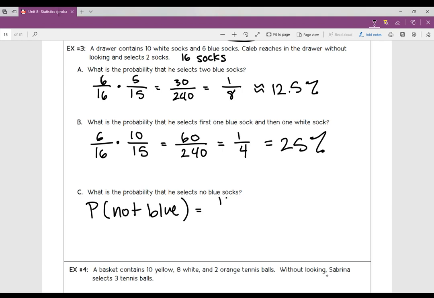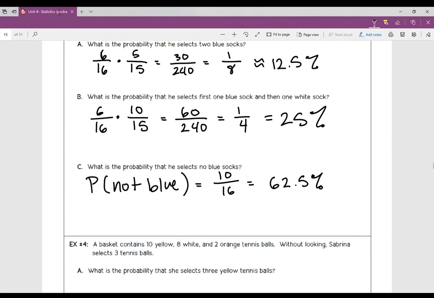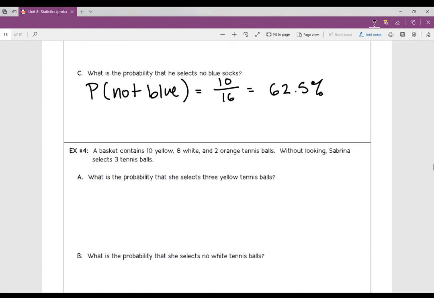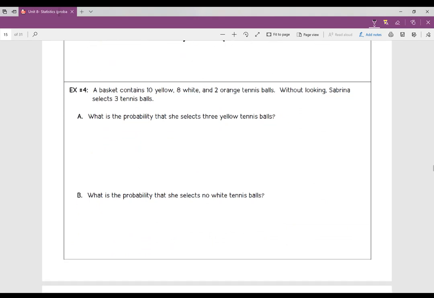So that would be 10 out of 16. Right? And then 10 out of 16 would be 5/8. So you'd have a 62.5% chance of making that happen. He has a greater chance of getting a pair of white socks. There you go. Well, that makes sense because 10 out of those are white.